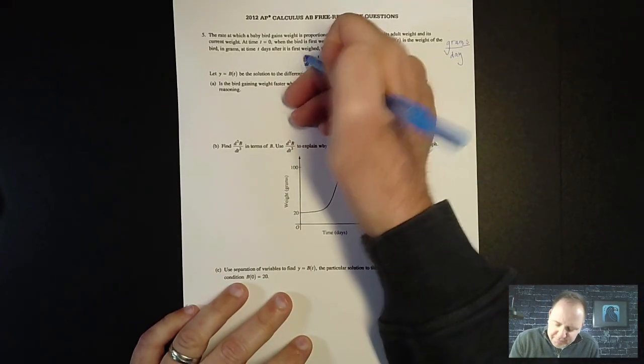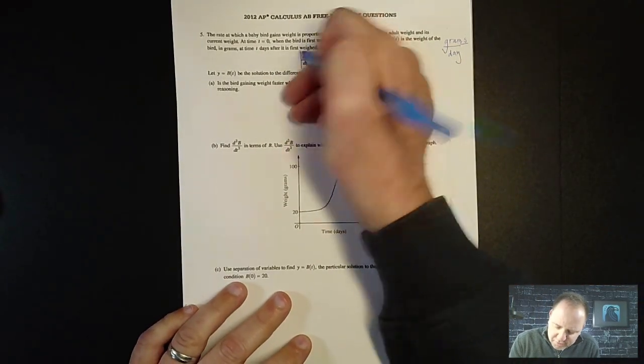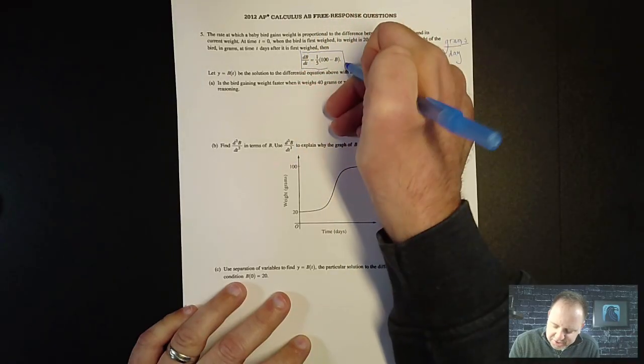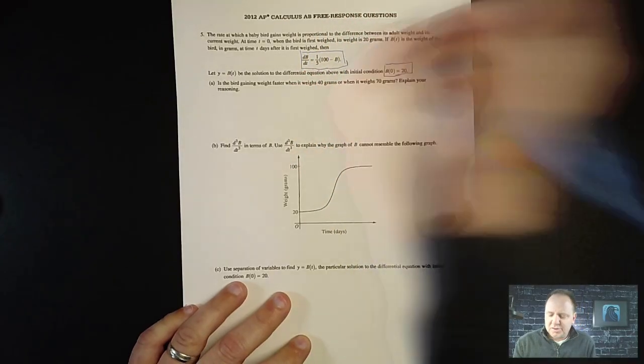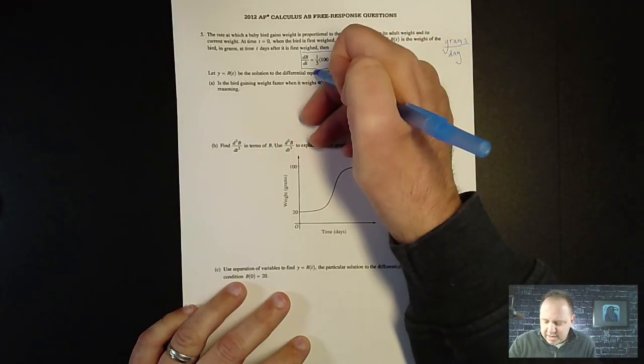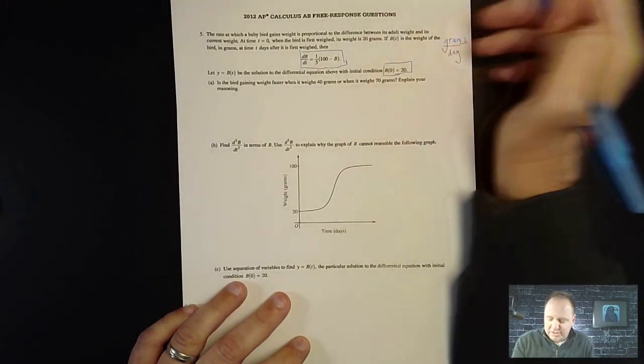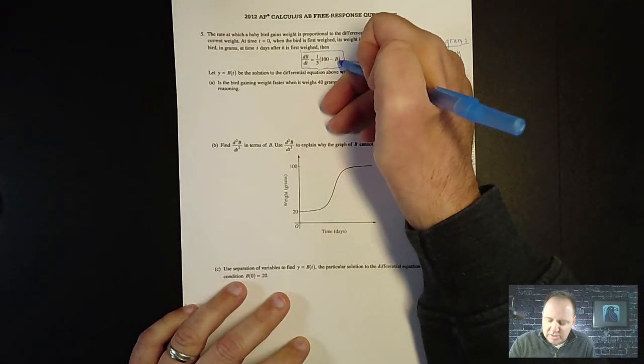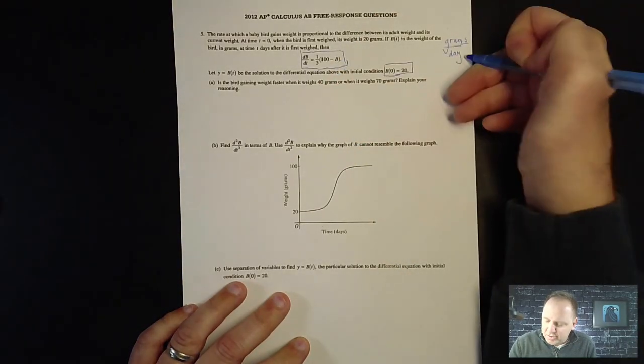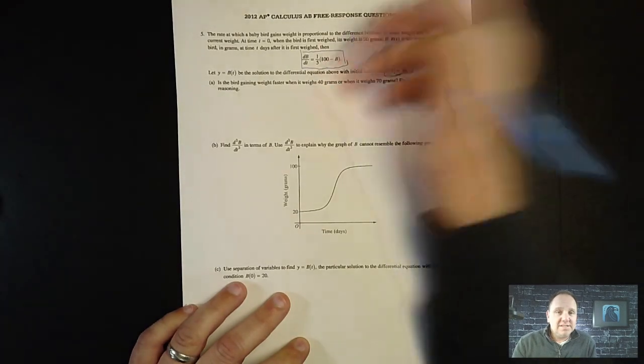So here's my differential equation. The rate at which the bird is gaining weight is proportional to the difference between its adult weight and its current weight, right? So they're telling me that once the bird hits 100 grams, it's going to stop growing.